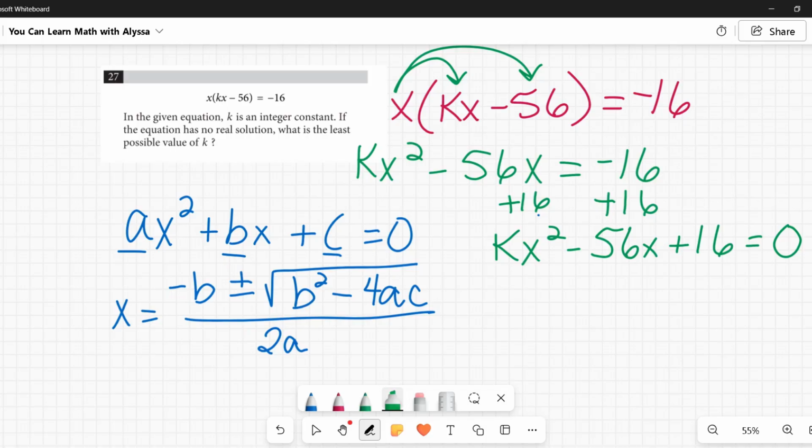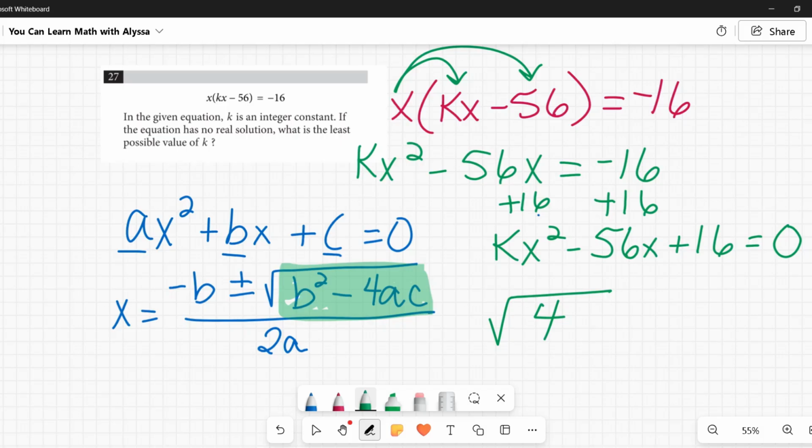In this quadratic formula, there is one little subset of it that determines how many solutions there are. And it's this bit right here under the square root. Why would that determine things? Well, what happens if I take the square root of a positive number, like the square root of 4?